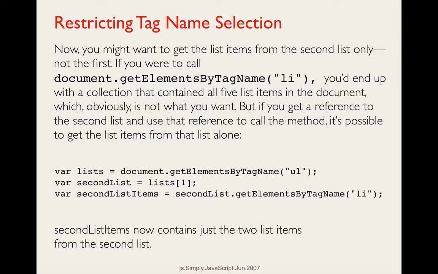So we got a list of unordered lists. We're going to pick the second one, throw it into a variable, and then we're going to refer to all the list items in the second list. Just look at that a little bit and think about it. But the result is the second list items now contain just the 2 list items from the second list.